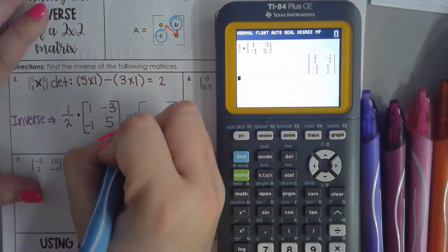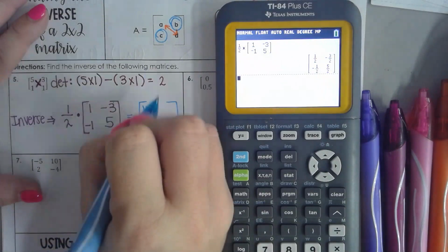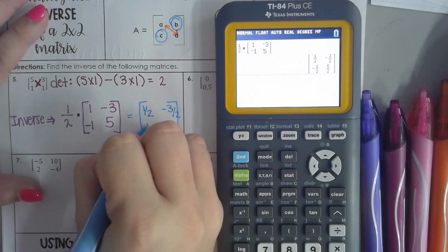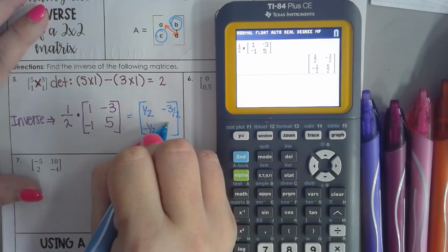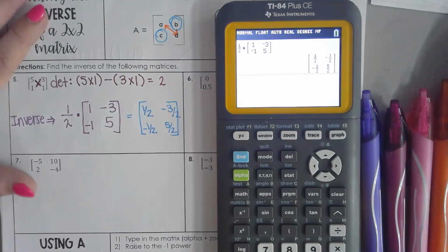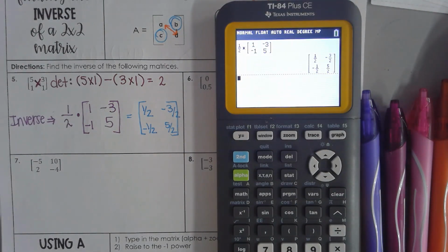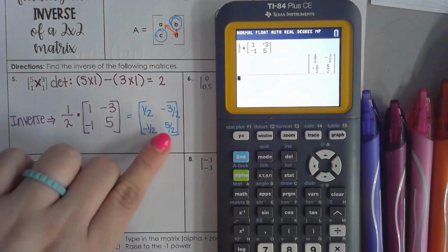I get 1/2. You will usually have fractions for these, not always, but a lot of times. So we have 1/2, -3/2, -1/2, and 5/2. And that's your answer.